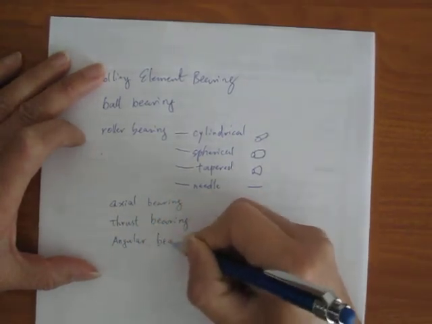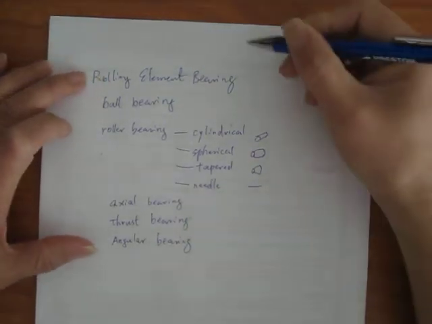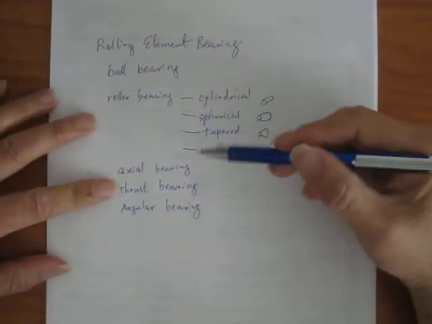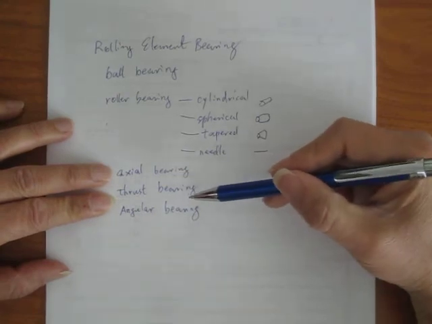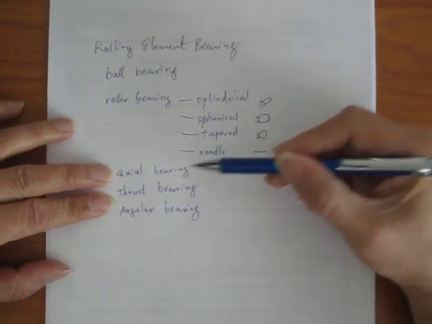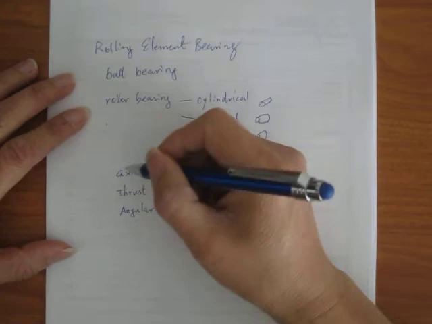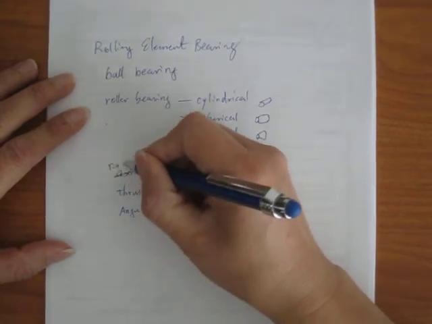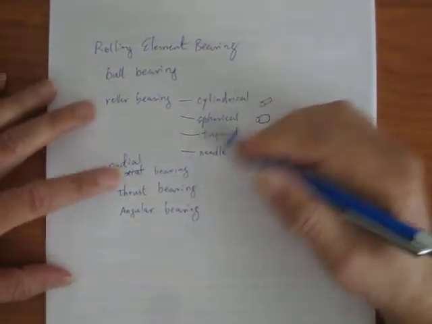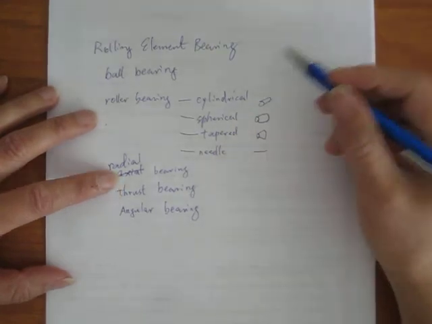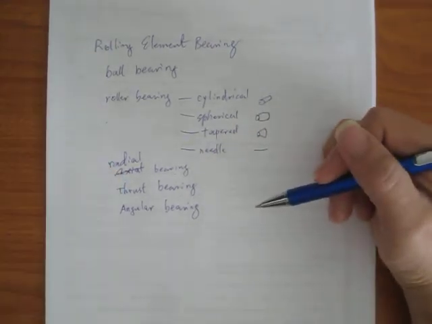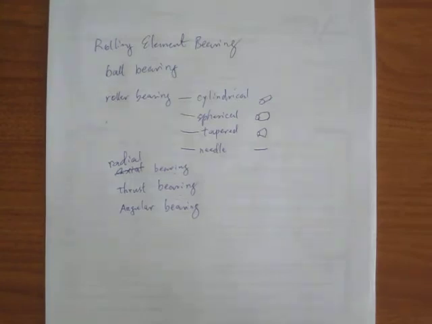So actually we have three types in rolling element bearings here, but the main types are radial bearing and the thrust bearing. So those are the main types here.